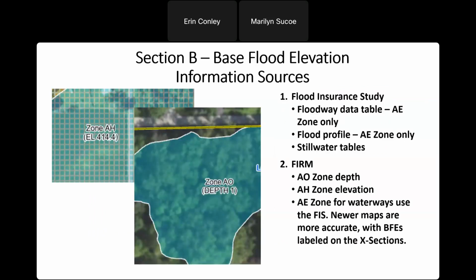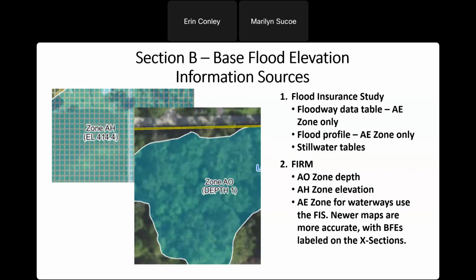Okay, here's just the example of an AO zone and an AH zone. And so on the elevation certificate, it did say for AO zones, you list the depth of the flooding. So depth of 1 foot. An AO zone is unlike other floodplain zones.